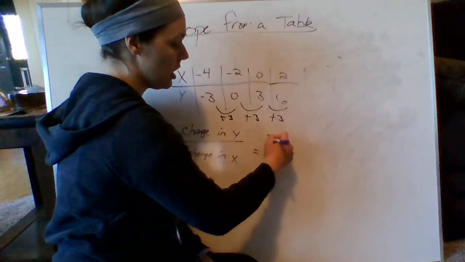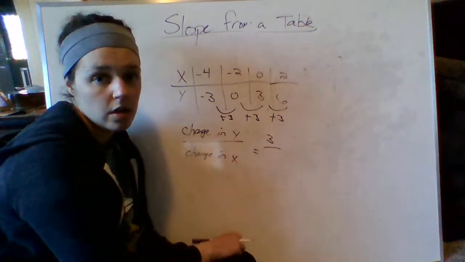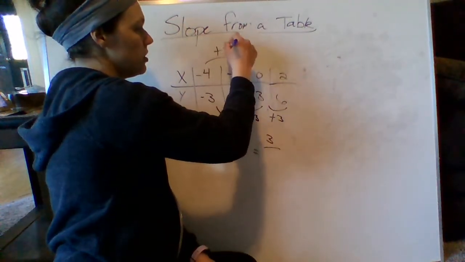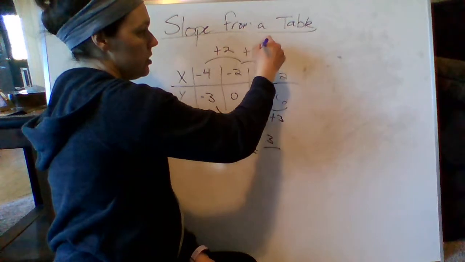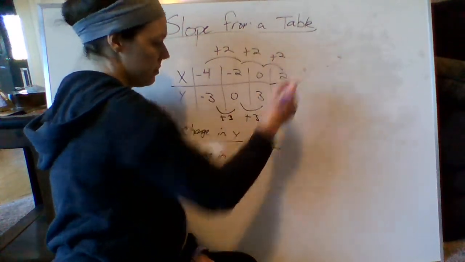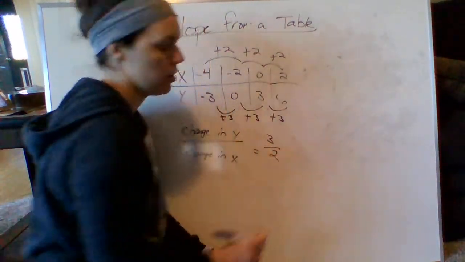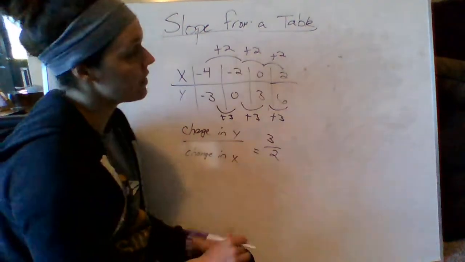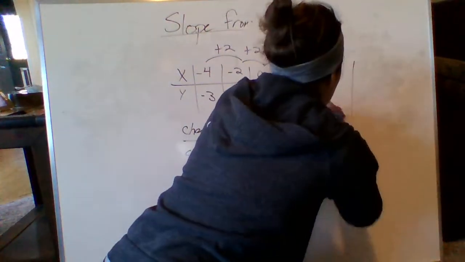So my change was 3. Now my x's: plus 2, plus 2, plus 2. So 3 over 2.